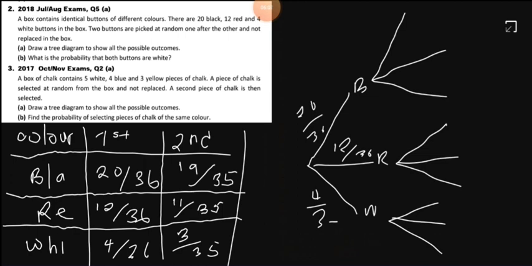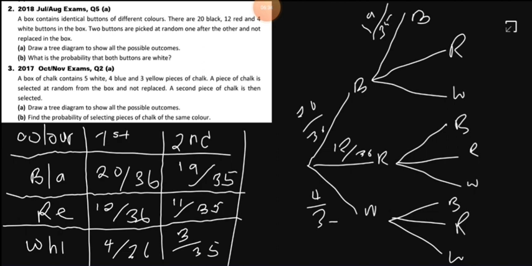Therefore, this will be black, this will be red, and this will be white. This will be black, red, and white. This will be black, red, and white. We'll just be putting the same things that we wrote earlier. So that is 19 over 35.